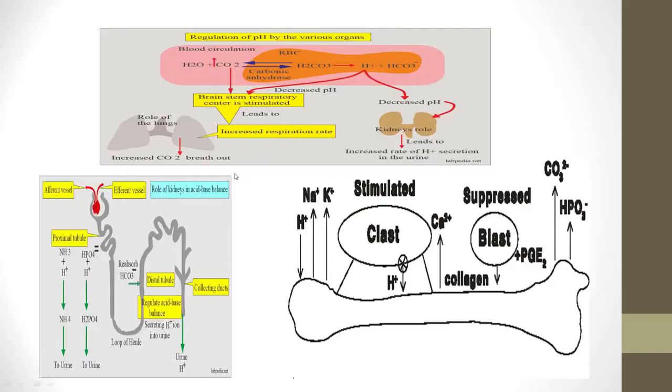So if I summarize these three most important mechanisms working simultaneously, the most frequently available is chemical buffers we've just discussed, and that is helped by these mechanisms. We discussed how the carbon dioxide gets rid from the body, and how the hydrogen ion has been discussed over here too. And the bone, we have discussed how the acidic environment is combated with the release of calcium carbonate from the bone.